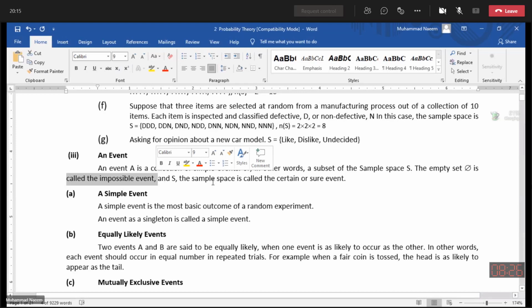If we consider the whole sample space as an event, as a subset of S itself, this is called a sure or certain event, because everything is considered in this subset.